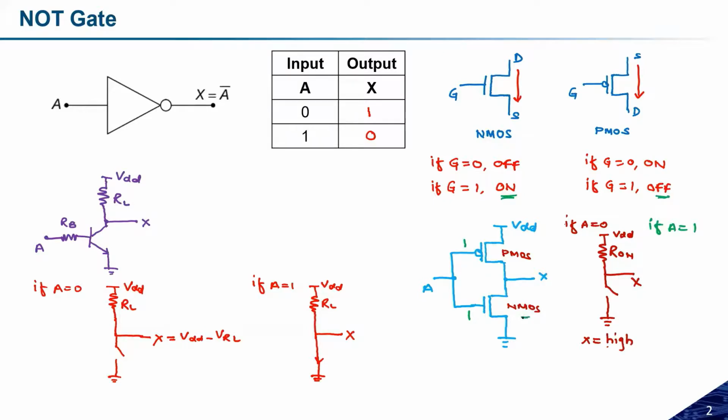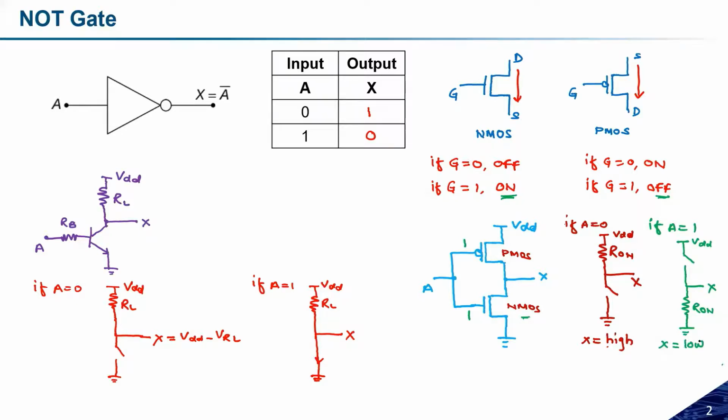So the equivalent circuit has an open circuit between VDD and X, and some on resistance between X and the ground, which is the on resistance of the NMOS transistor. Now X is connected to ground, so X is low.